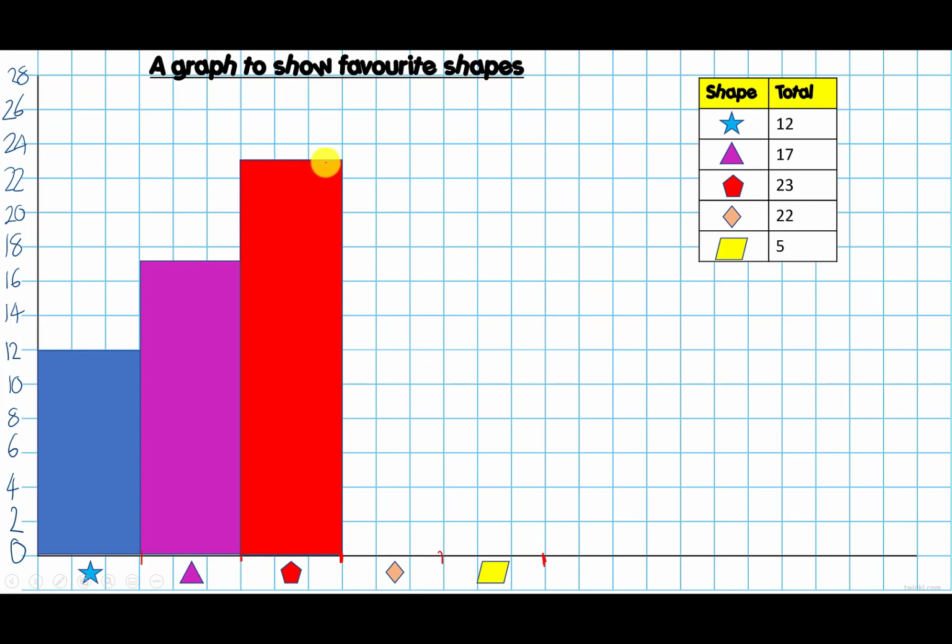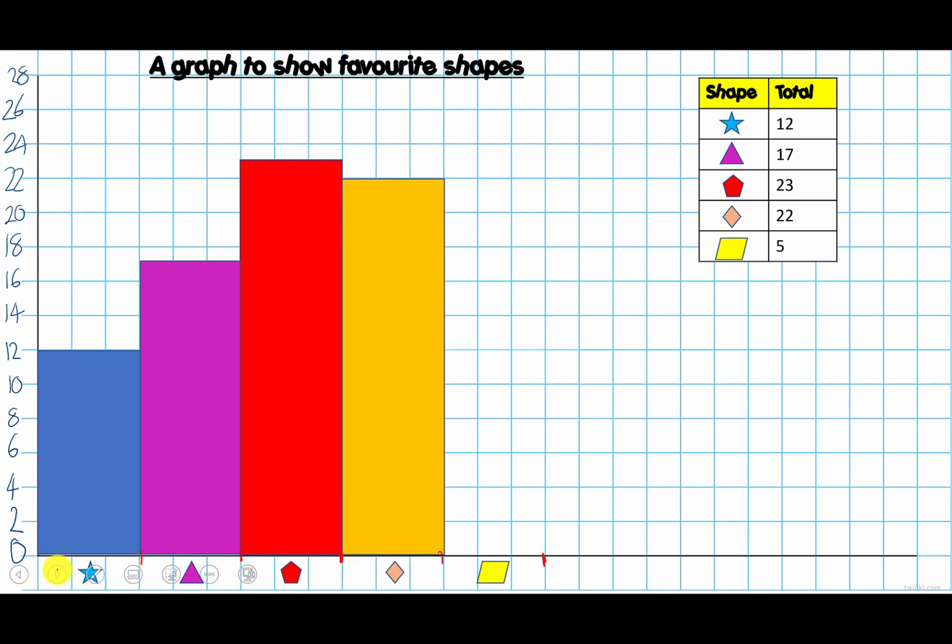My last one was 23, so I know that 22 is just going to be along here. And finally, I have 5 for my parallelogram. I'm going to go along 2, 4, there's 6, 5 must be in the middle, and come across. And there's my 5. So I've drawn in all my bars.